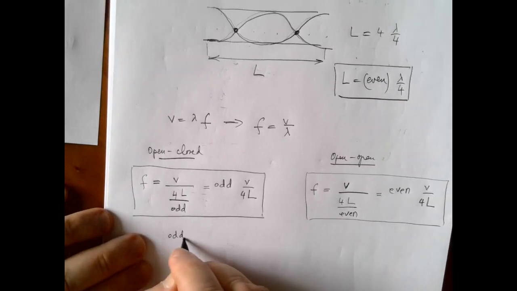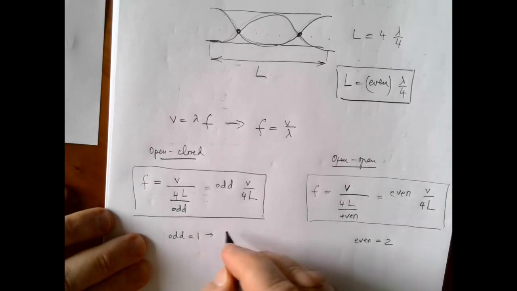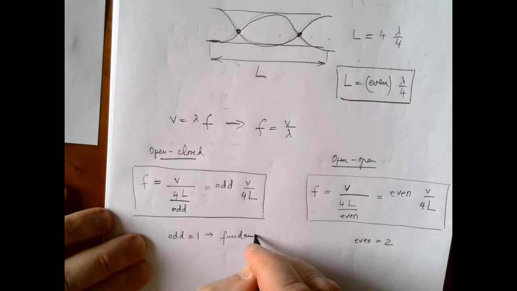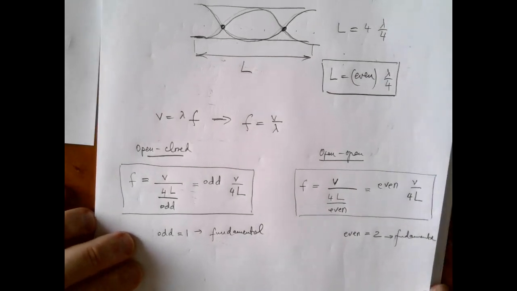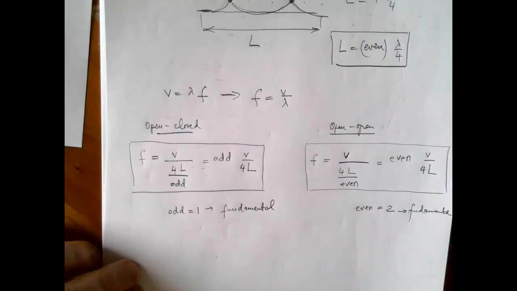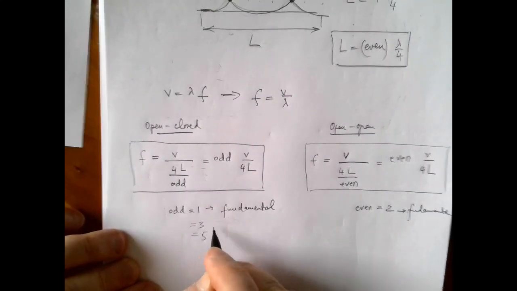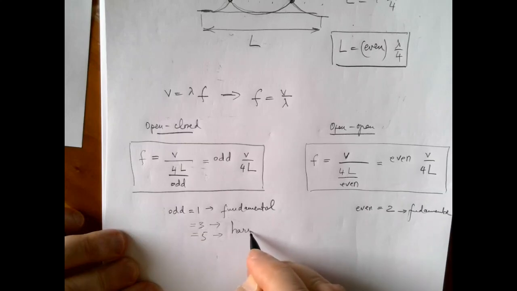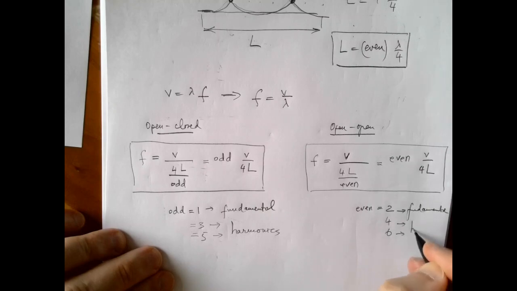So if we go with odd equal to 1, and if we go to even equal to 2, that will lead to the fundamental. I cannot go any lower than that. And when I go to 3, 5, and so on, that will lead to harmonics. And here when I go to 4, 6, and so on, it will lead to harmonics.